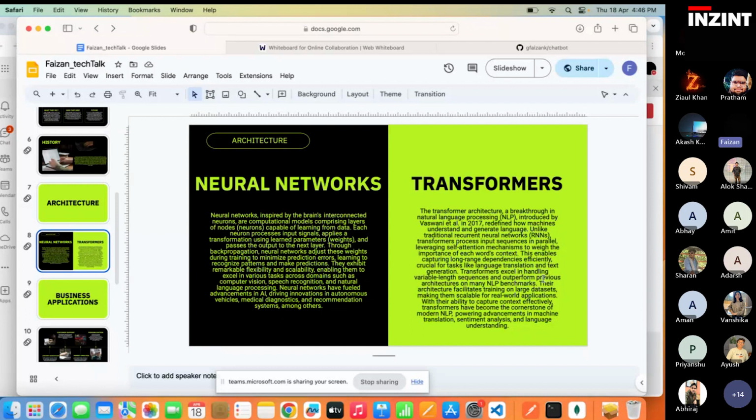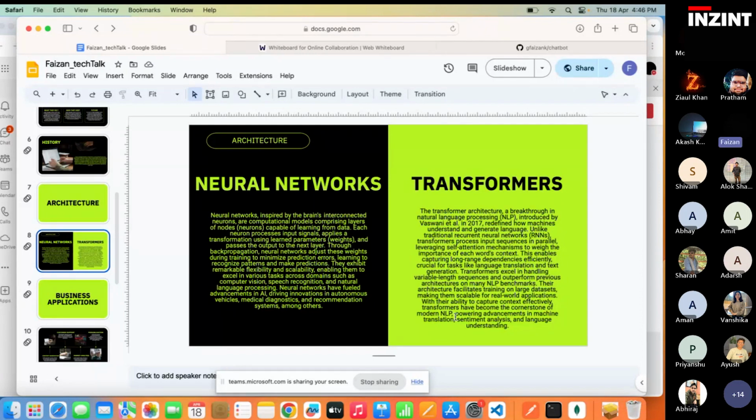Transformers excel in handling variable-length sequences and outperform previous architectures on many NLP benchmarks. Their architecture facilitates training on large data sets, making them scalable for real-world applications. With their ability to capture context effectively, transformers have become the cornerstone of modern NLP, natural language processing.